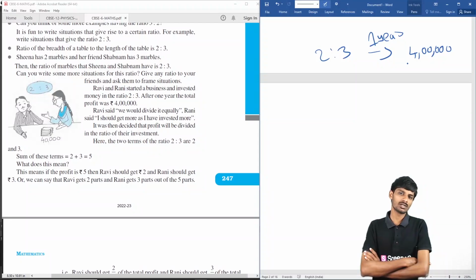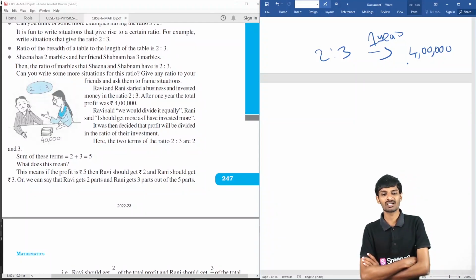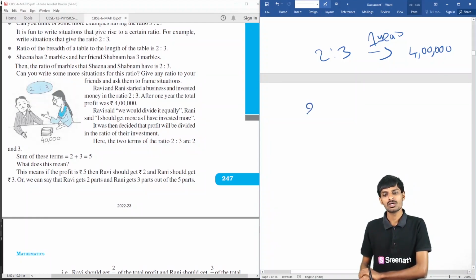So to divide the profit, what do they have to do? They have to divide the profit in the same ratio as they invested. So what is the ratio? They have invested in the 2:3 ratio. So what is the sum of the terms?